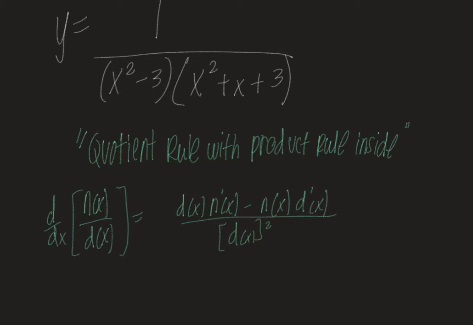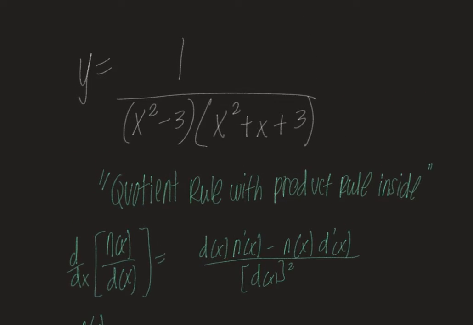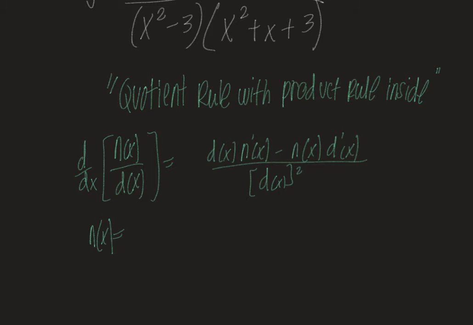squared. Okay, so what I'm going to do at this point is label our numerator. It is 1. And the derivative of our numerator is 0.